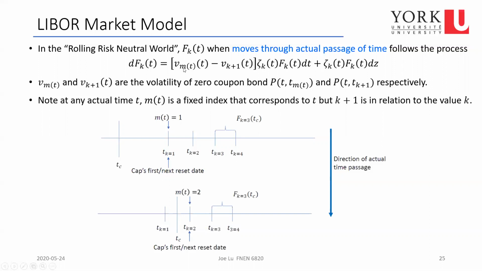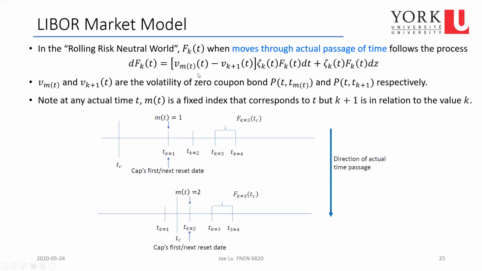If m takes the value of k plus 1, then this term will drop out. So for that particular k, there will be no drift here. This part will drop out, and you only have this part, so you will get a martingale process.